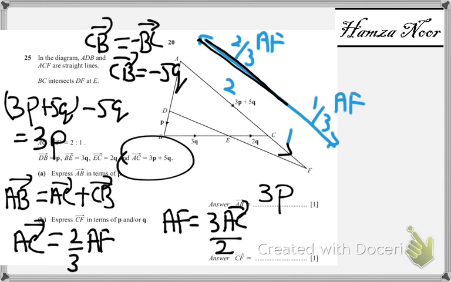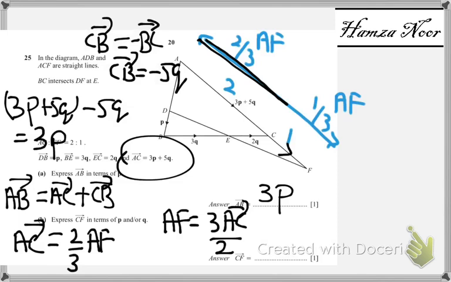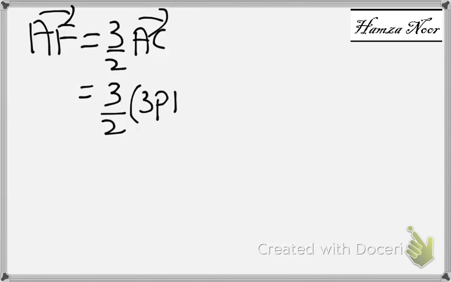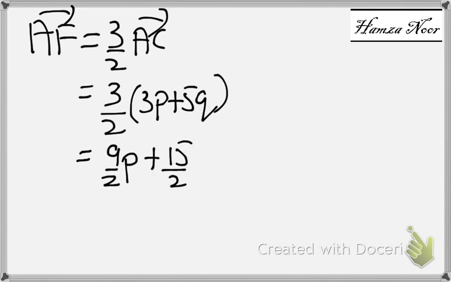I'll show the working on the next page. AF is equal to 3 over 2 times AC, and AC is 3p plus 5q. Making it simpler, 3 multiplied by 3 is 9, so 9 over 2 p plus 15 over 2 q. This is your AF vector.